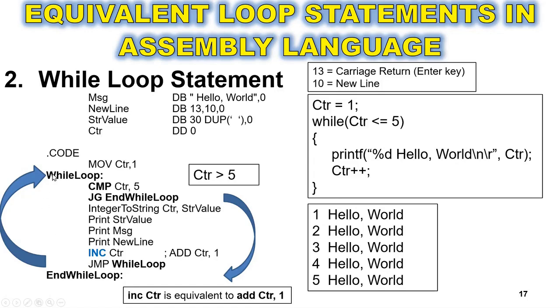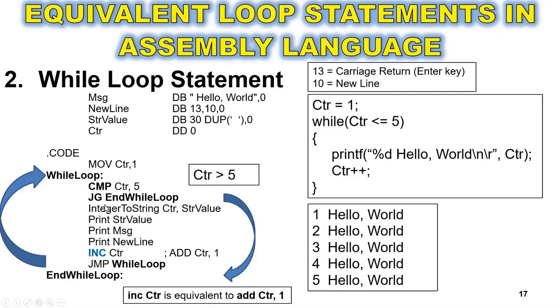So it will jump to that label while loop, and then next it will compare the value of CTR containing 2 with 5. Next command, JG: is the present value of CTR, which is 2, greater than 5? False. Therefore, it will repeat again the second repetition, and it will print 2 hello world.